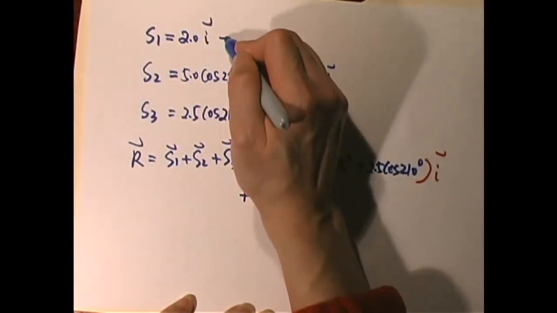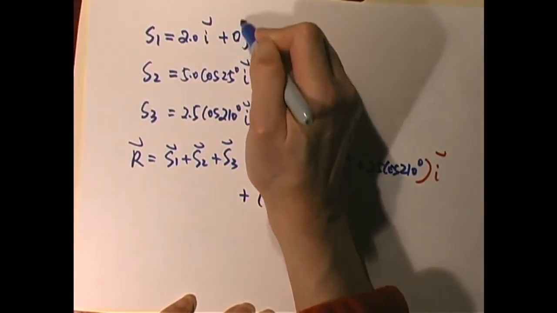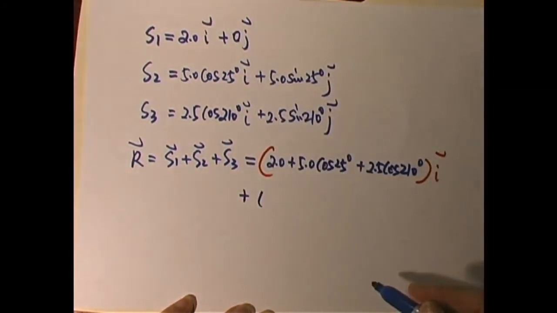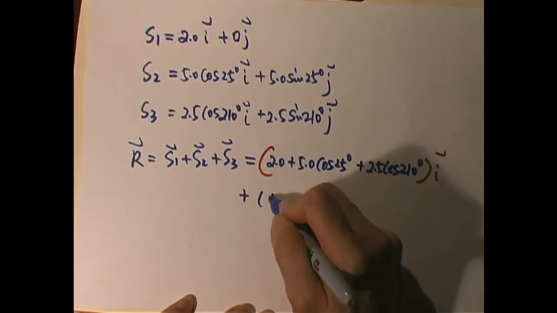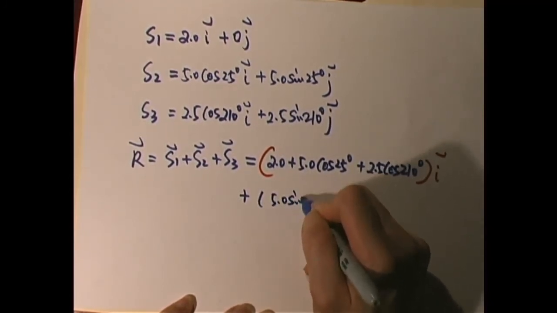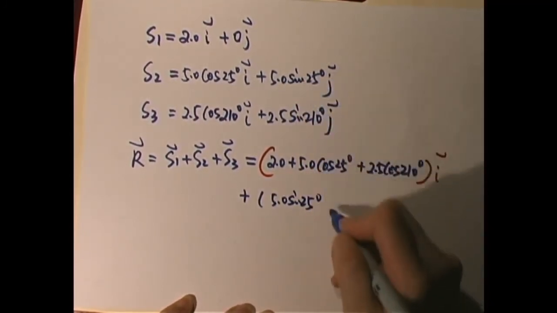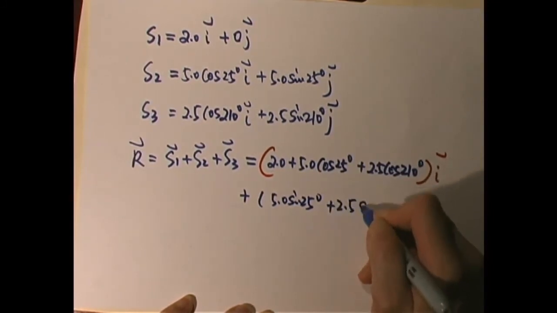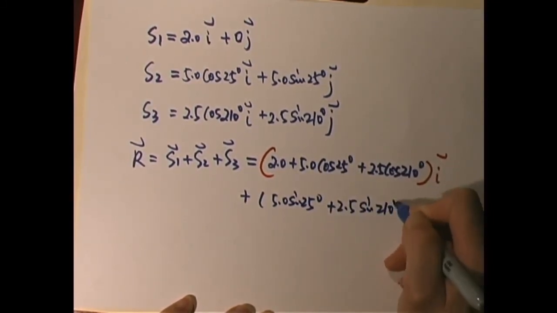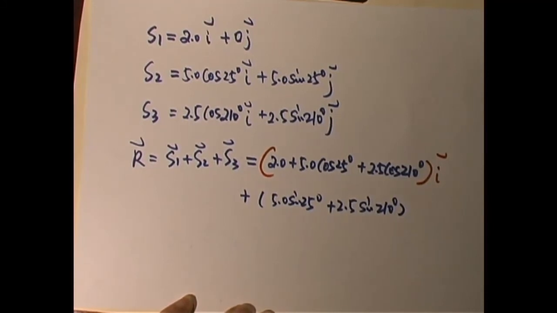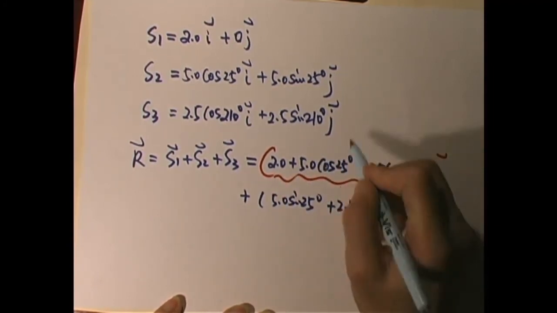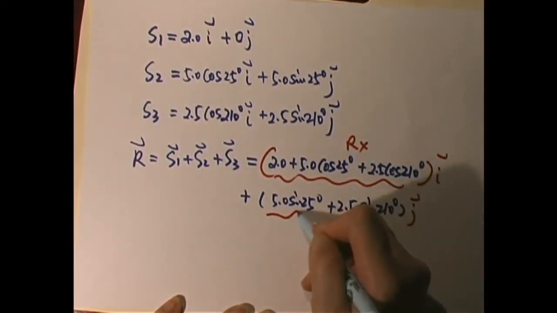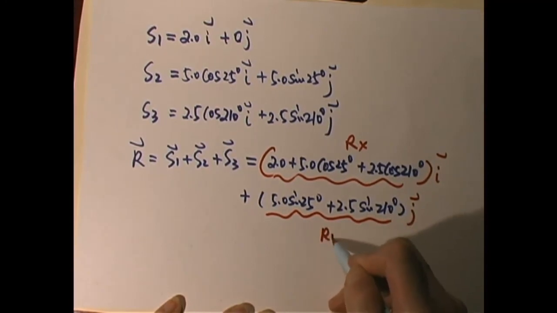S1 has no j term, so it doesn't have y at all. So y starts with 5.0 sine 25 degrees plus 2.5 sine 210 degrees of j, the two j terms added together. This will be our resultant Rx, and that will be our resultant Ry.